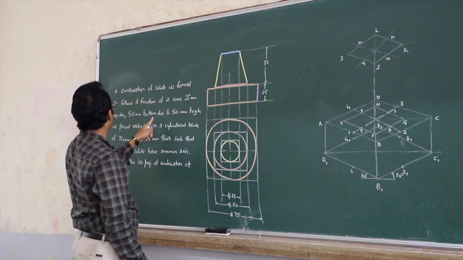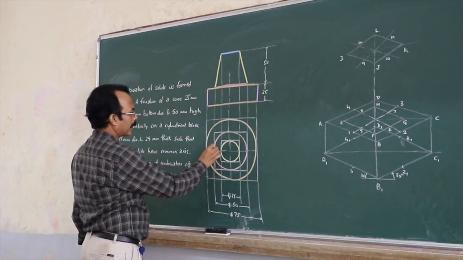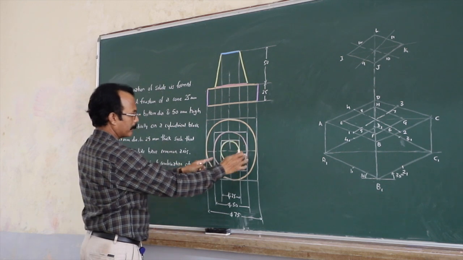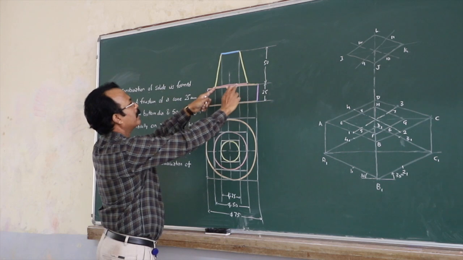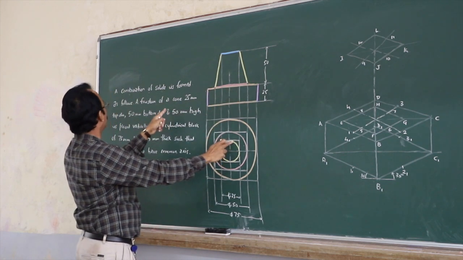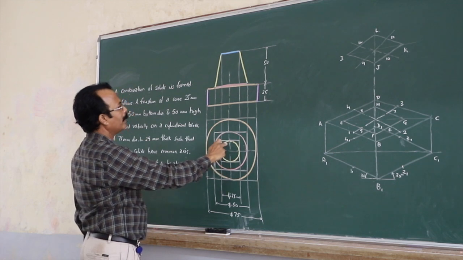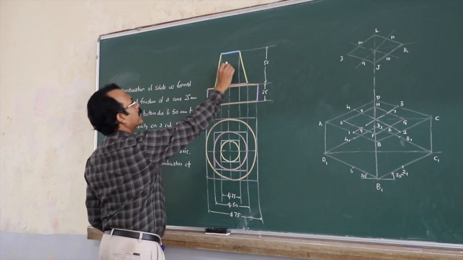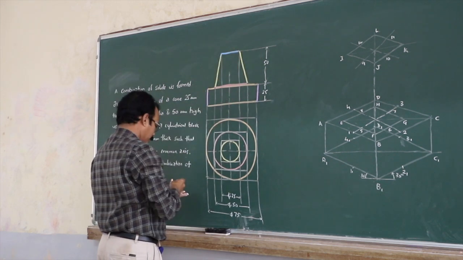Then coming to the frustum of the cone, the base dia is 50. So draw another circle of 50 mm here. That is your base circle here. Then you draw the top diameter, which is 25 mm. So draw another circle of 25 mm diameter. Then project it here, take the height and get this here, right.